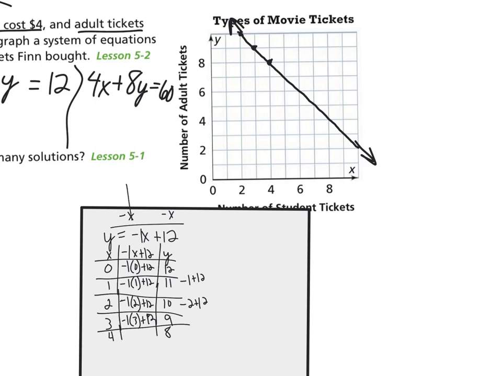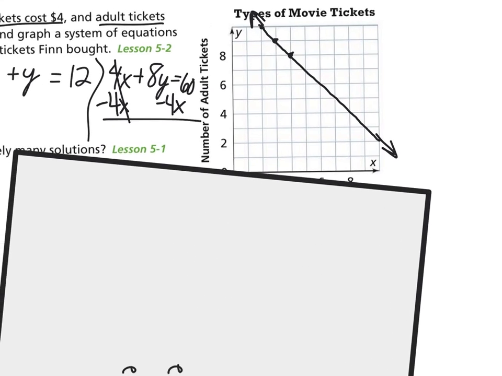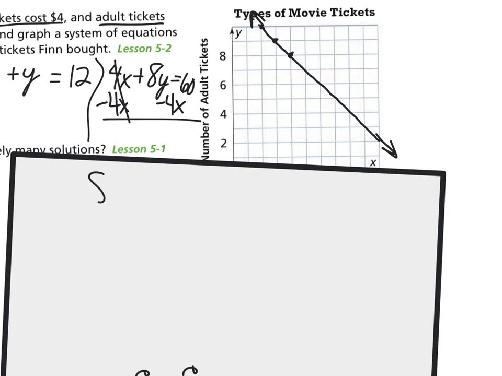And then for the other one, if you subtract 4x first, and then divide everything by 8.